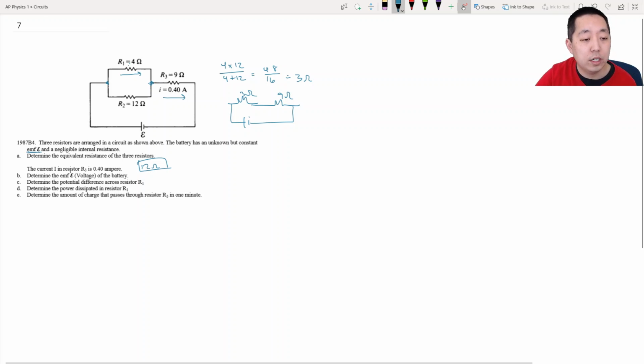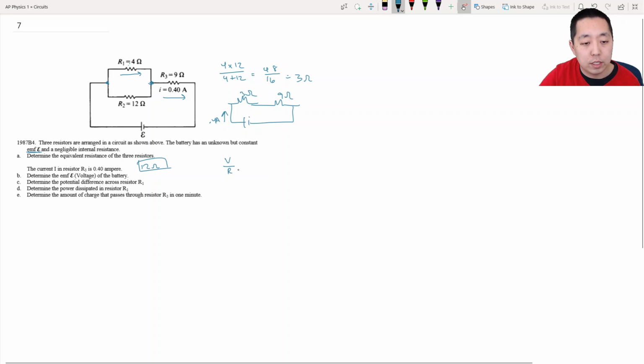So now they say the current in the resistor R3 is 0.4 amps. Determine the voltage of the battery. Well, from our original circuit, if 0.4 amps is through here, the battery is also drawing 0.4 amps, right? 0.4 amps is coming out of this battery, and we know it's connected to the equivalent of 12 ohms.